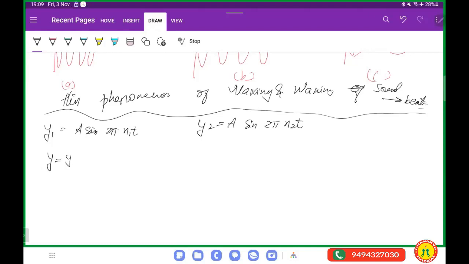If we add both, y1 plus y2, by the superposition formula we can get a cos 2π and then we are left with t, then sin 2π, and this will be the average n into t.